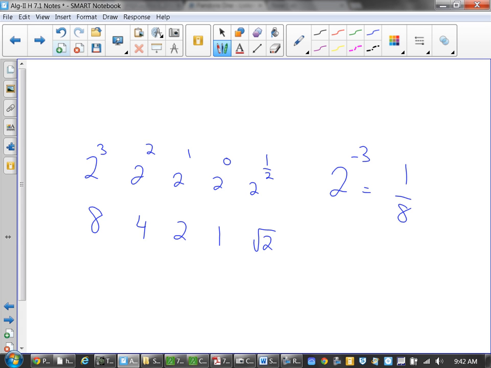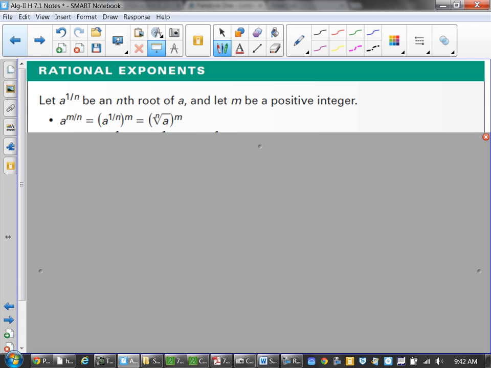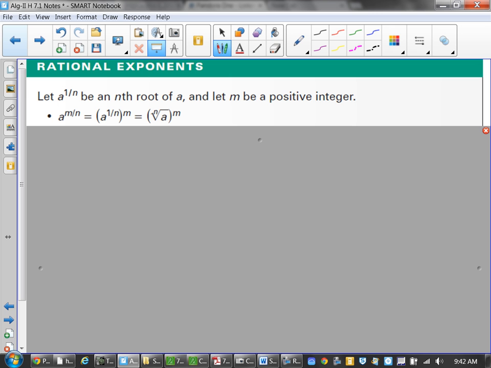What this is telling us is that when you have a fractional exponent, something to the m over n, it basically means the nth root raised to the m power. I'll write this out a little larger on the whiteboard.